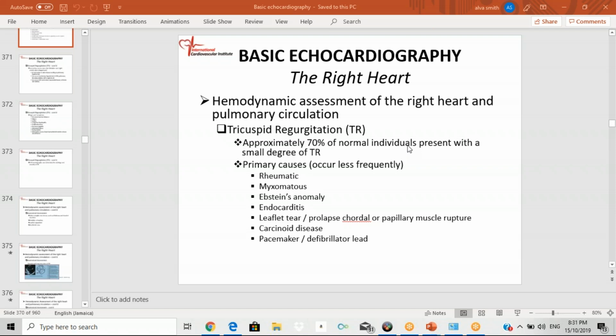And even though we say 70%, it's more than 70% because you're going to use the tricuspid regurgitation in order to get your RV systolic pressure, and you can get it in upwards of 80% of individuals. So some degree of TR is very, very common.